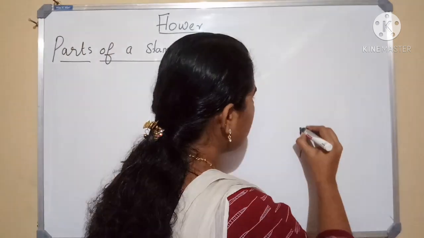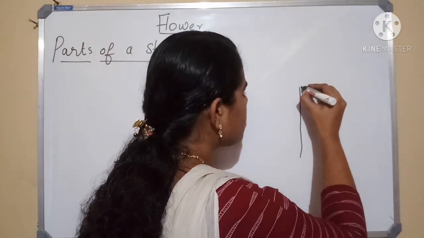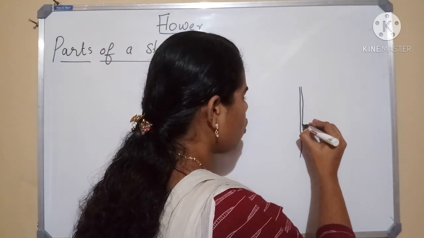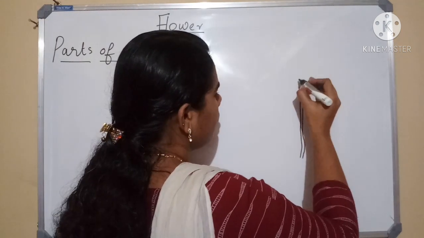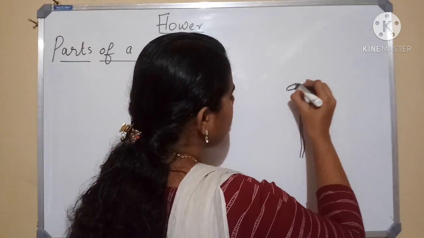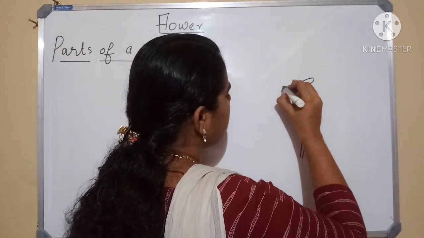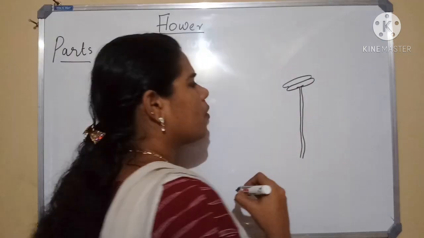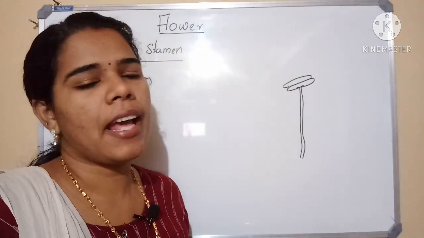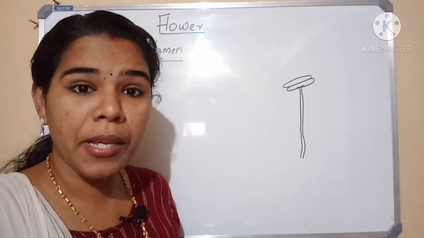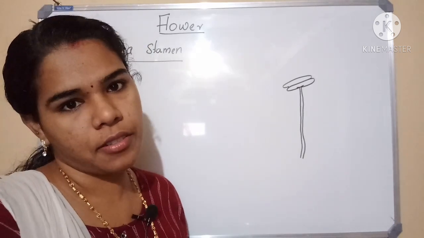So when we observe the stamen closely with the help of a small lens, we can see two main parts. In each and every plant, the stamen shape and size are different.